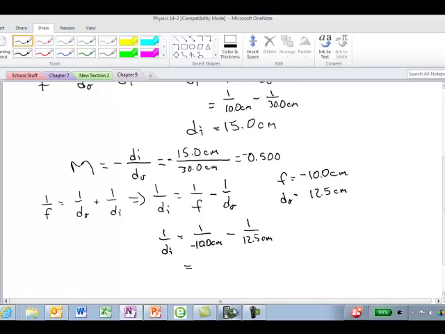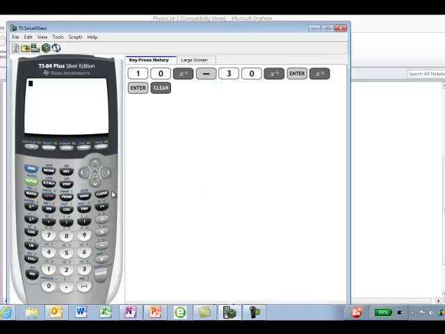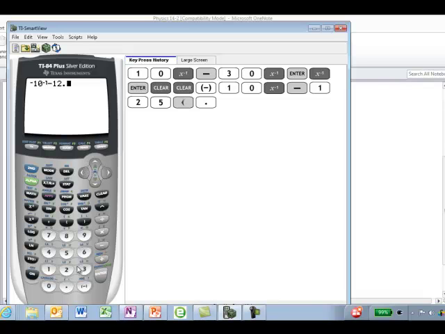And again, if we go to our calculator to do that, we have minus 10, 1 over that, minus 12.5, oops, missed the 12.5, next to the minus 1, get our answer, and that's 1 over the image distance.